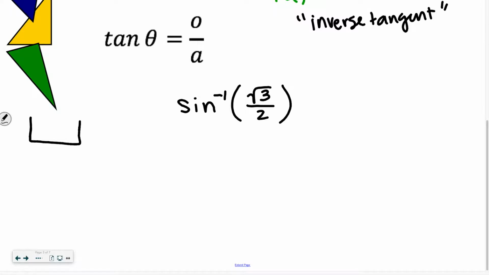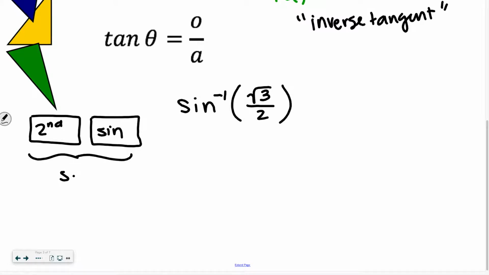Remember we talked about this earlier in the chapter, because people want to use this for cosecant, but that's not allowed. So this is inverse sine. Did you close your parentheses in the square root? Do that. Because if you don't, then it's doing the square root of 1.5, and we want it to do the square root of 3 and then divide that by 2.